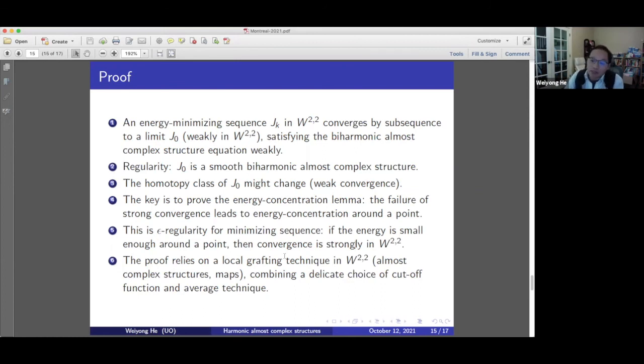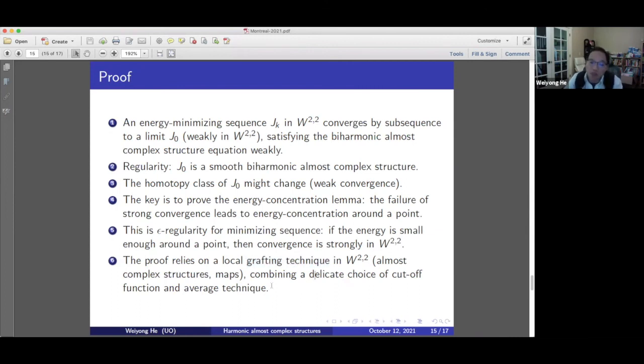They use the fact that a Euclidean ball is bi-Lipschitz equivalent to a cube. But in our setting of W^{2,2}, we cannot use their technique to prove this grafting, so it is very, very involved.